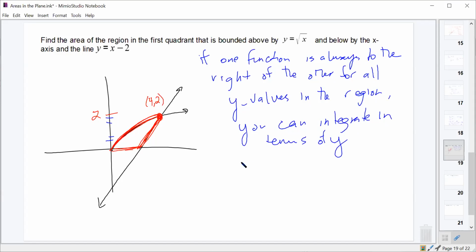And we will do the rightmost function minus the leftmost function. The reason we do the rightmost minus the left is that those have larger x values. So we're finding the area of this whole region and then subtracting this region from it to leave us with this one little piece on the inside. Does that make sense?